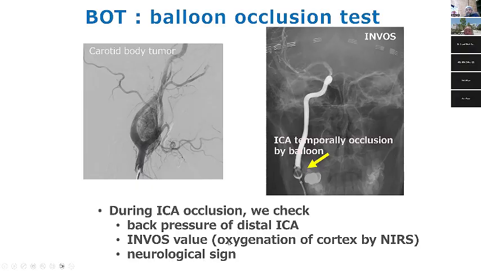So it helps to determine whether collateral flow is sufficient during temporary or permanent vessel occlusion. In this case, the patient has a carotid body tumor at the CCA, ECA, ICA bifurcation, and we check the tolerance of temporary occlusion of the ICA by balloon.